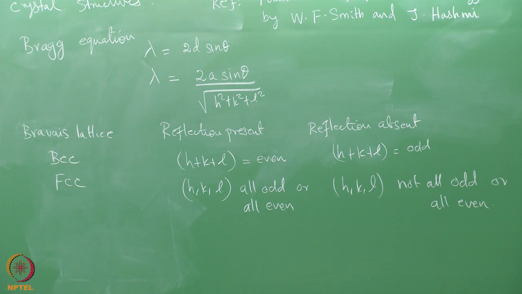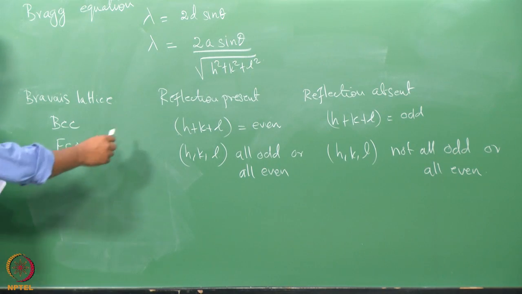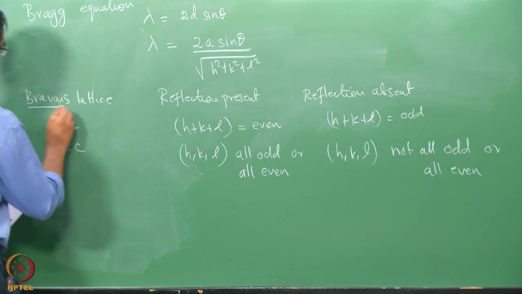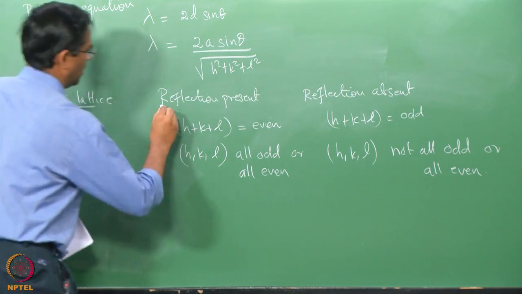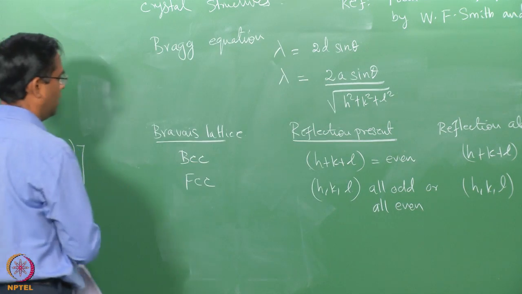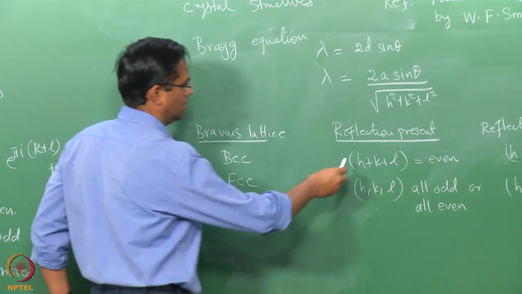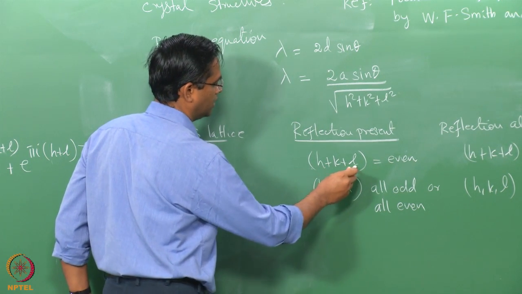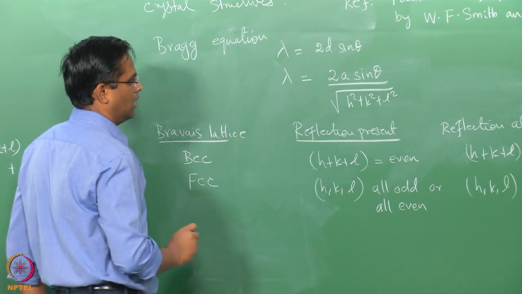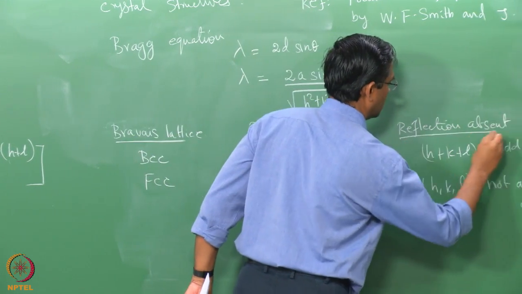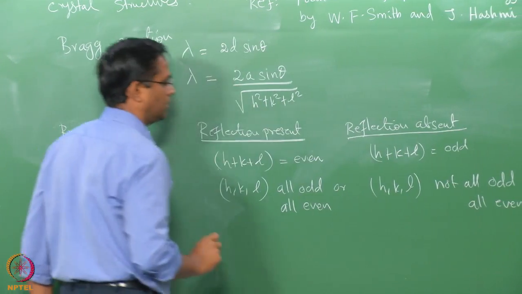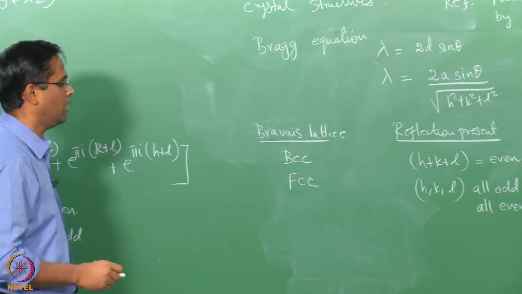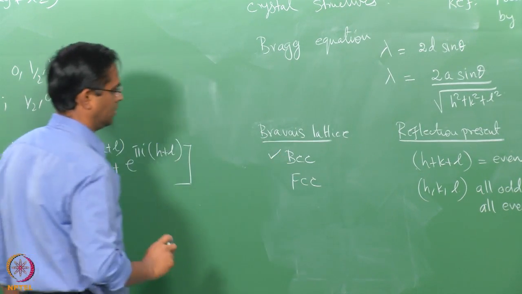So, these are the rules determining the diffraction planes in the cubic system. If it is a BCC Bravais lattice, then the reflection will be present when h plus k plus l is equal to even, and the reflection will be absent if h plus k plus l is equal to odd. This is for BCC lattice.